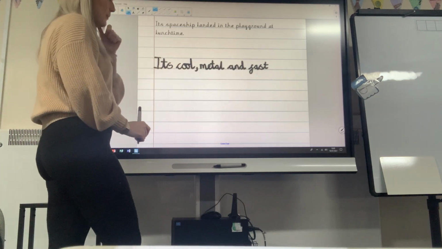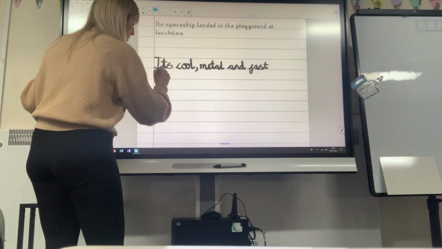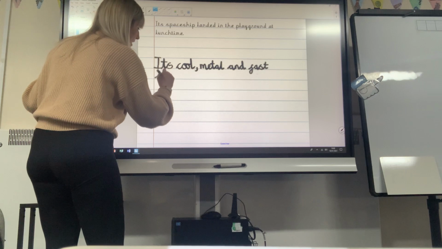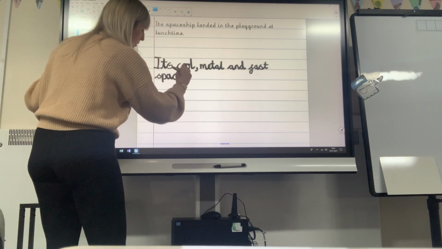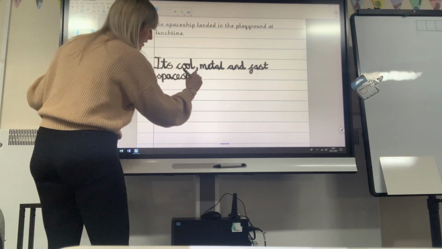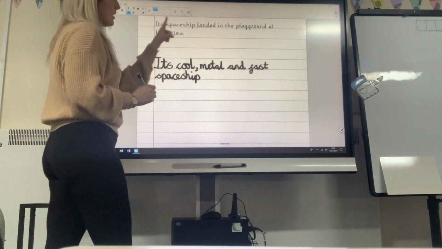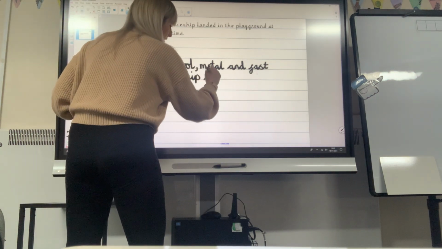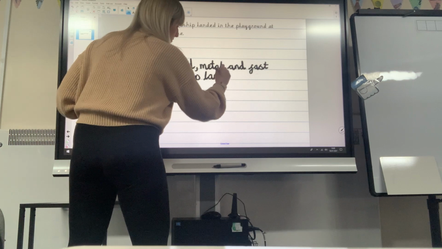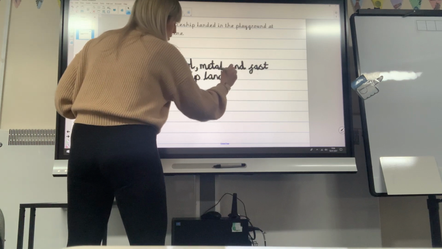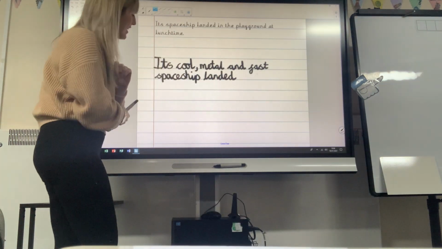And then I'm going to copy that word spaceship. So it's cool, metal and fast spaceship landed. Ooh, could we put a bit of extra information in there?